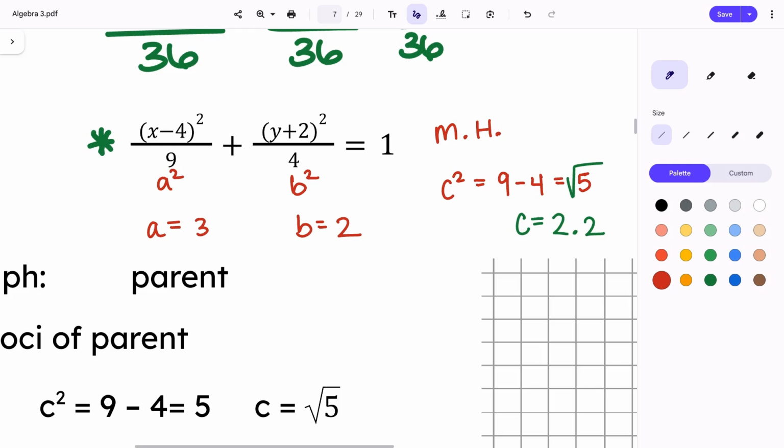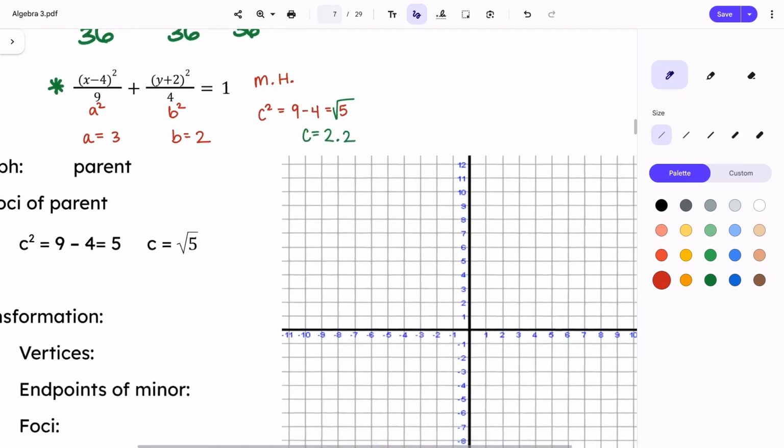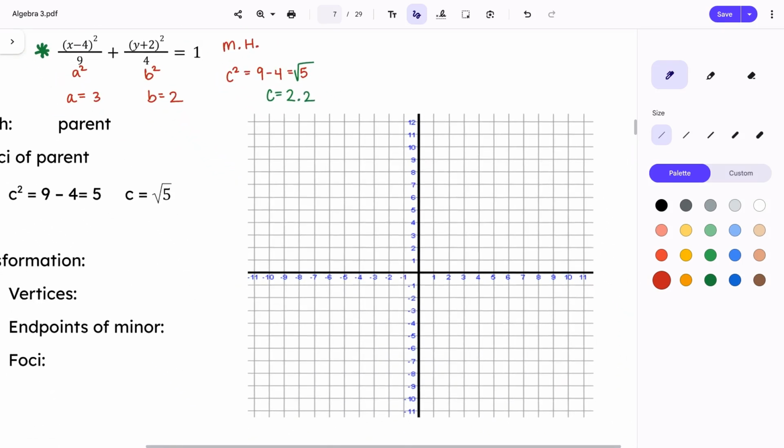Okay, I'm going to start graphing this ellipse now, centered at the origin. So my center is 0, 0. It's a major horizontal, which means the larger number, the a term, is going to go left and right 3. So I didn't write out the coordinates, but I'm going to look at my a term, and that's going to go left and right 3.